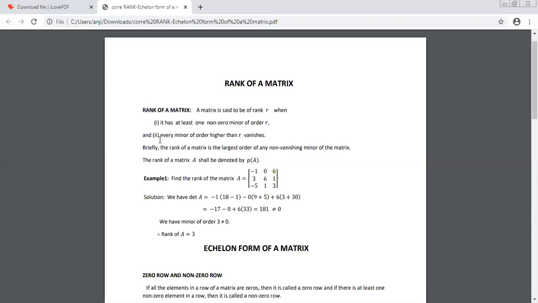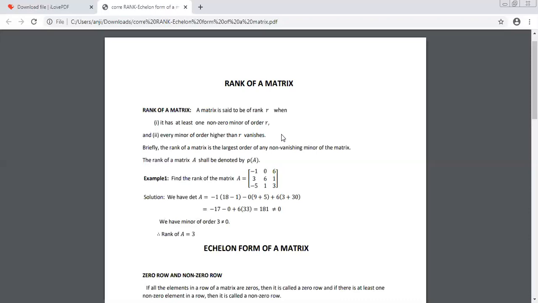The second condition is, every minor of order higher than r vanishes. Higher than order r means the determinant of r plus 1 by r plus 1 matrix is equal to 0, or the determinant of r plus 2 by r plus 2 matrix is 0.